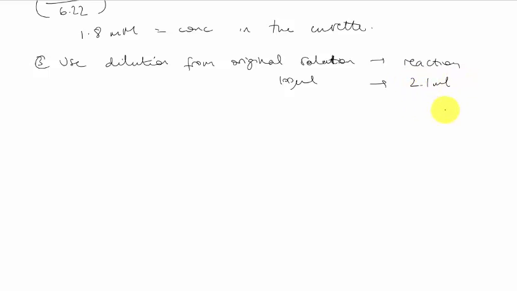And so we need to multiply by 21. 0.1 mil to 2.1 mil, times 21. So 1.8 millimolar times 21, that'll give us 37.8 millimolar, and this is the kind of number we'd expect you to be coming up with from your results.